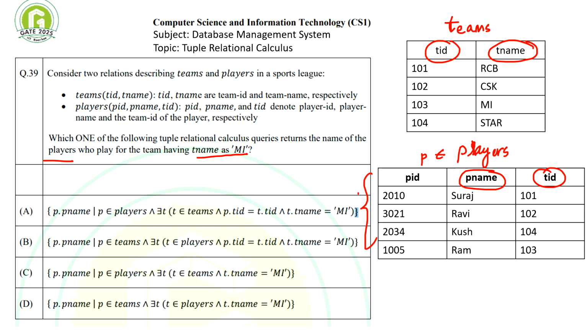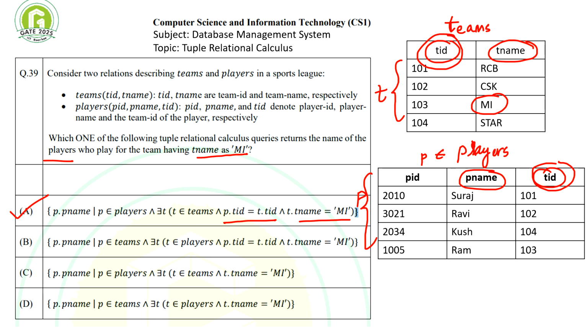So this is the p, and there exists t such that t belongs to teams, and p.tid is equal to t.tid and t.tname is equal to MI. This is perfectly correct. This does the natural join and then the name of the team should be MI.